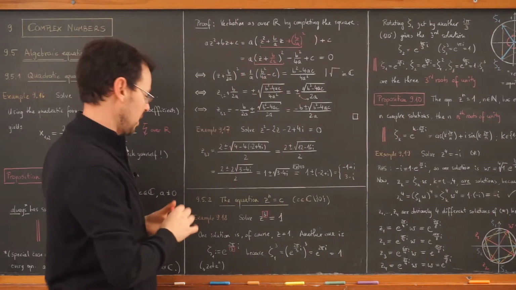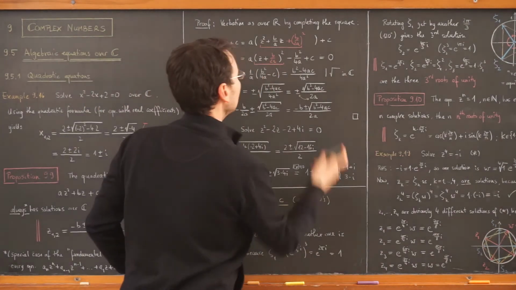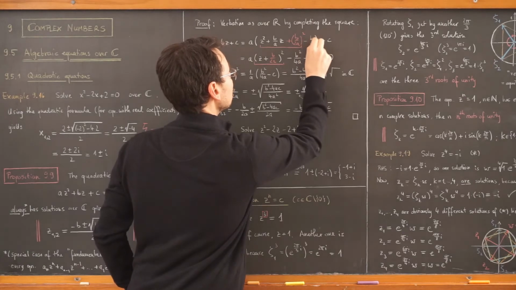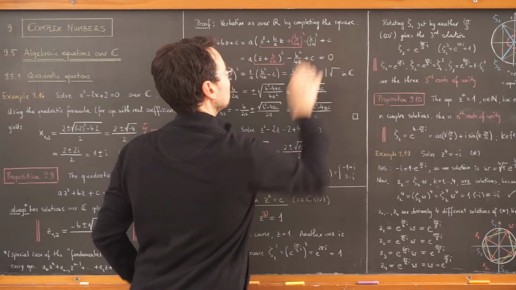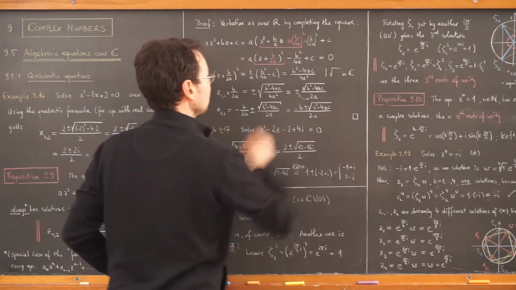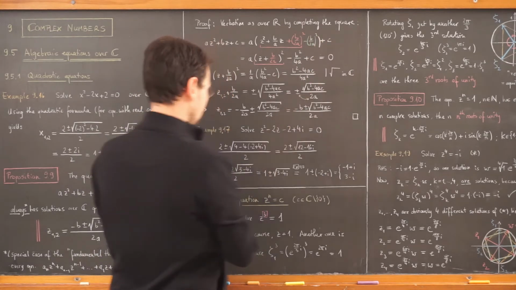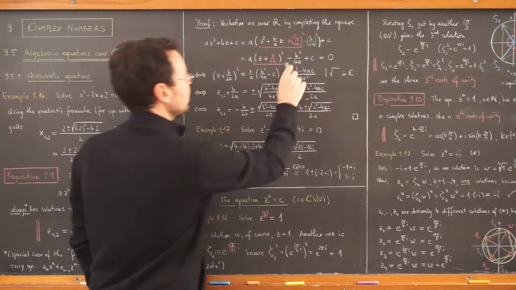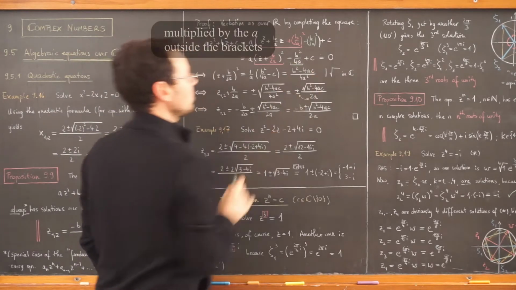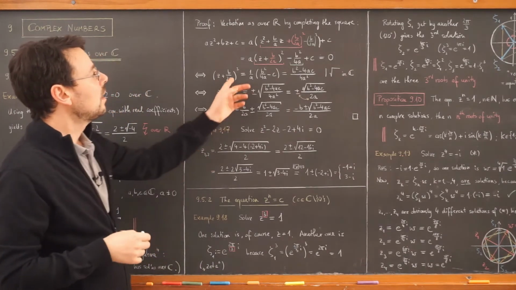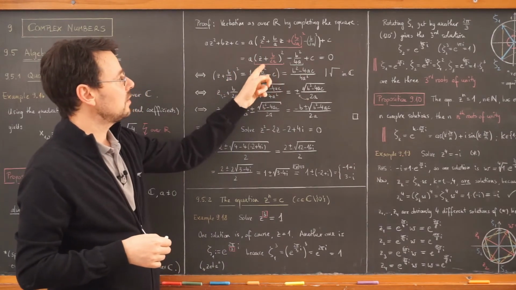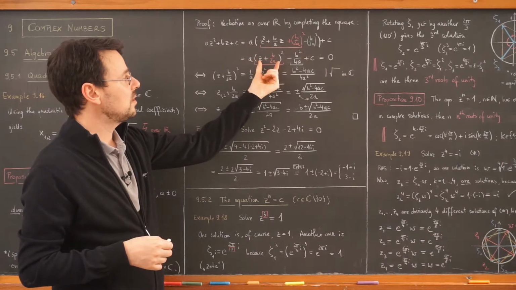This is what I want to have, but of course this would be wrong, so I have to subtract b over 2a squared, which is this guy here, b squared over 4a squared. And now I can easily solve the equation for this term here.